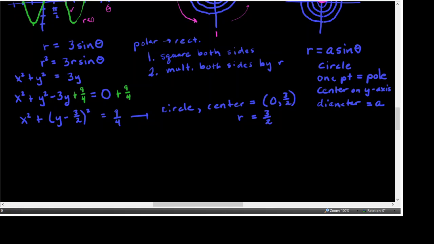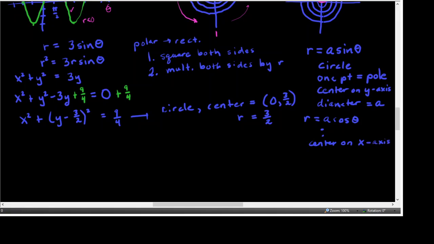By the way, while I'm saying that, if you have r equals a cosine theta, all of that's the same. The first point's the same, the second point's the same, except for the center, which will be on the what? Well, since it's cosine theta, and cosine is related to x, the center will be on the x-axis instead of the y-axis.